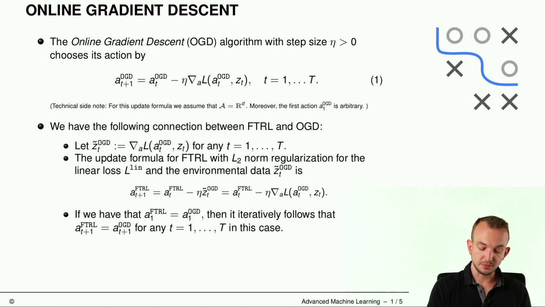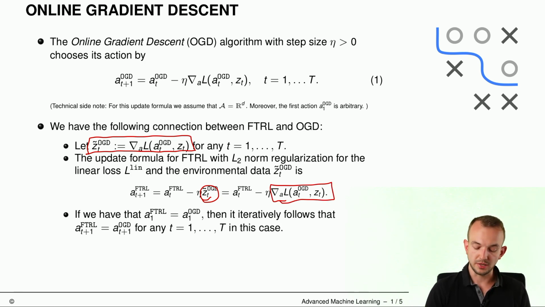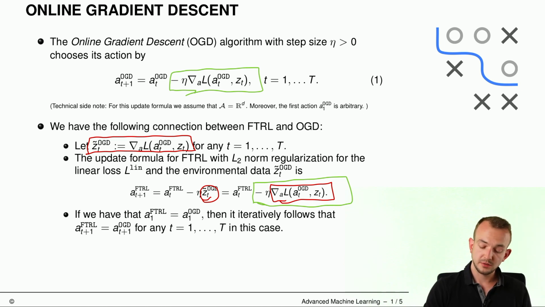Now we do the substitution back, substituting this artificial environmental data point, and we almost have what is in the online gradient descent. The only difference is currently that here we have an action chosen by online gradient descent, and here one by follow the regularized leader.